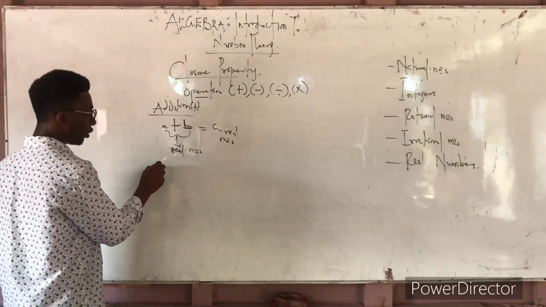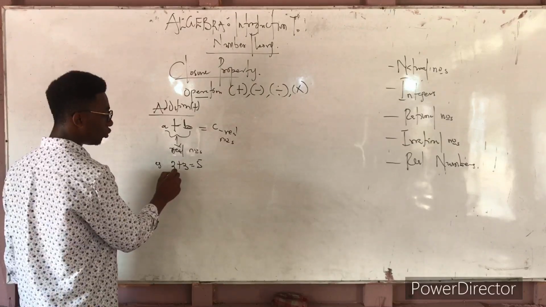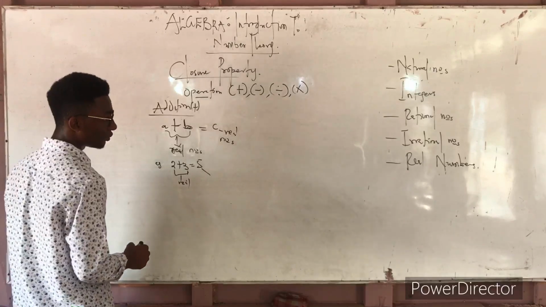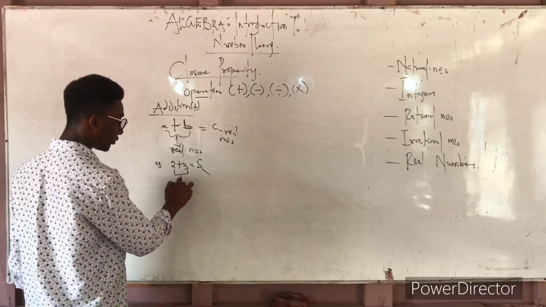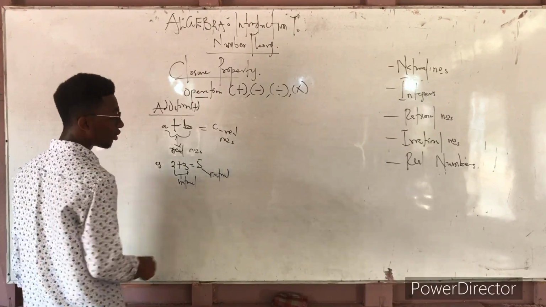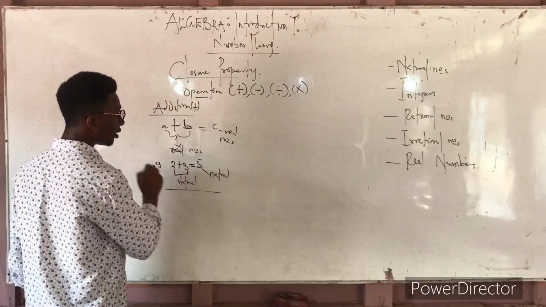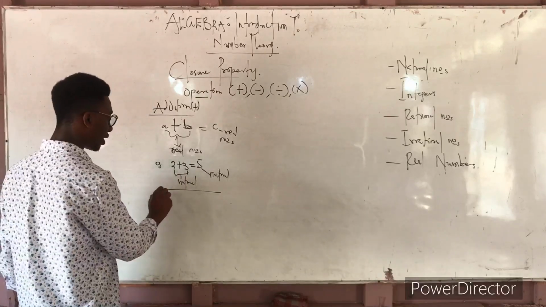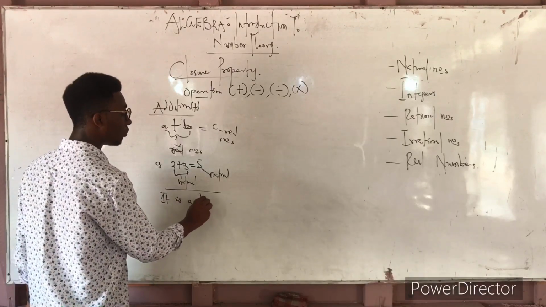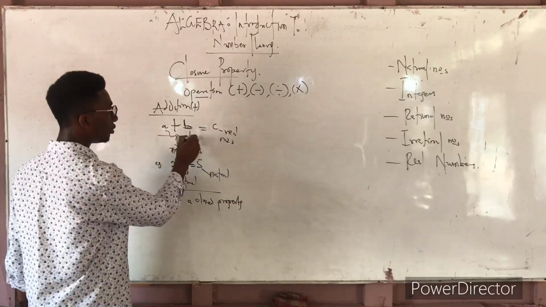For example, if I have 2 plus 3, I get 5. 2 and 3 are natural numbers, and 5 is also a natural number. So this is a closed property. We can say addition is a closed property, because when you operate on two real numbers, you still get a real number.